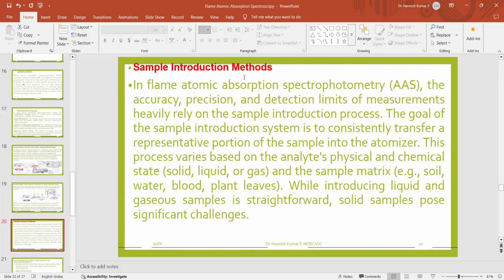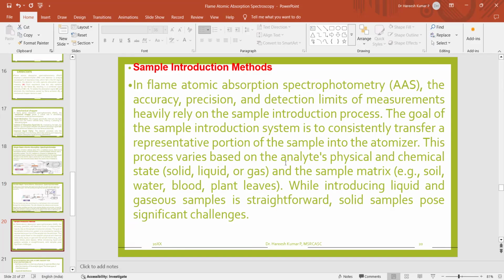Let's look into the sample introduction method. In flame atomic absorption spectroscopy, the accuracy, precision, and detection limits of the measurements heavily rely on the sample introduction process. The goal of the sample introduction system is to consistently transfer a representative portion of the sample into the atomizer.